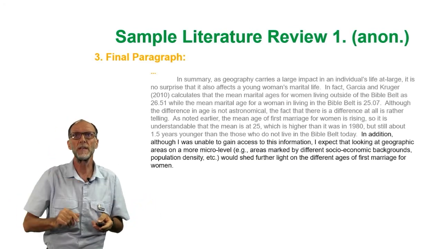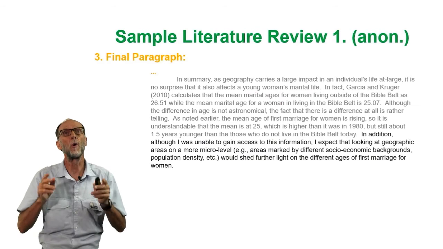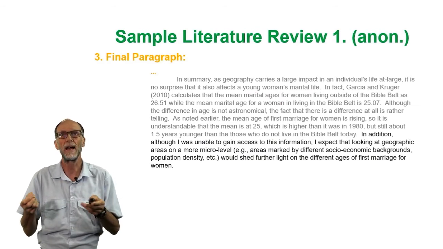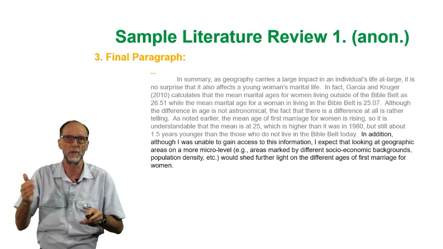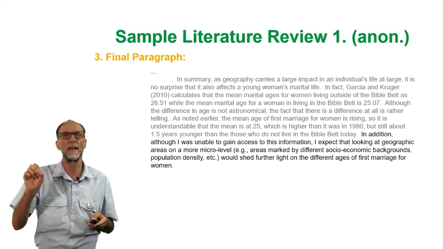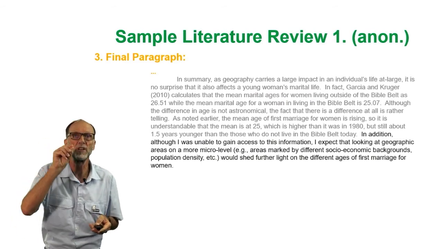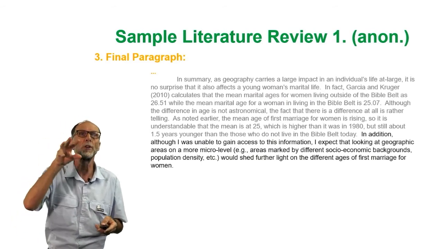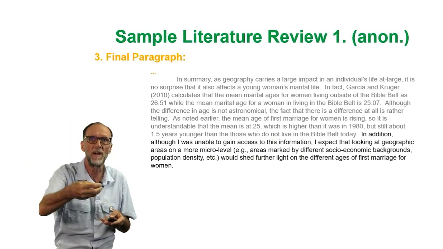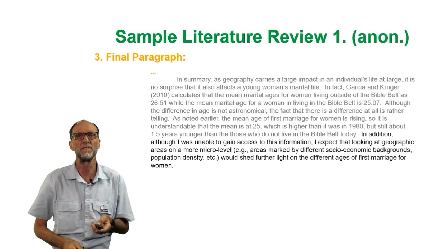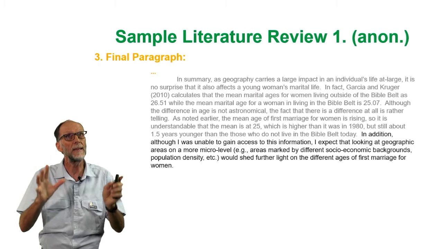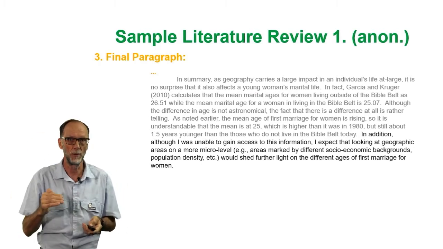So, as you can see here, it says, "In addition, although I was unable to gain access to this information, I expect that looking at geographic areas, etc., etc., and the last part, would shed further light on the different ages." Aha, would shed further light. So what you want to do is go in deeper in your investigation to find out more information about why these women are married. Okay, and that is your literature review.